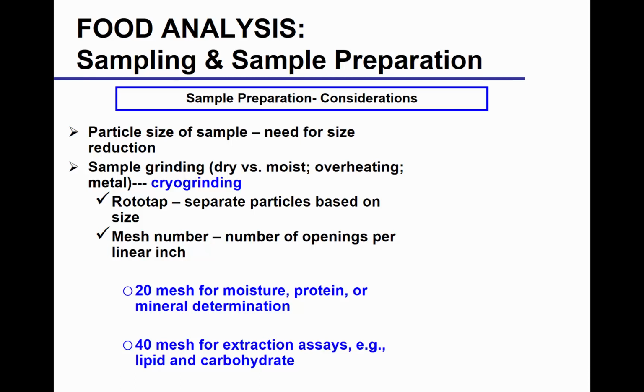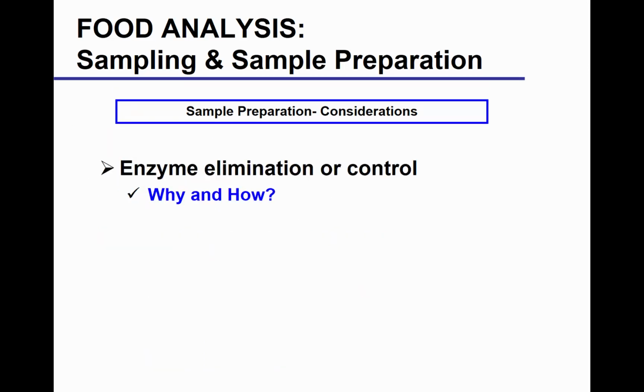I was like, what are you doing? Oh, we're extracting fat. Oh, no, you forgot what you learned in analysis. You cannot extract fat from a big potato chip. You want to break it down, grind it into mesh 40, then extract your fat. So that's important.